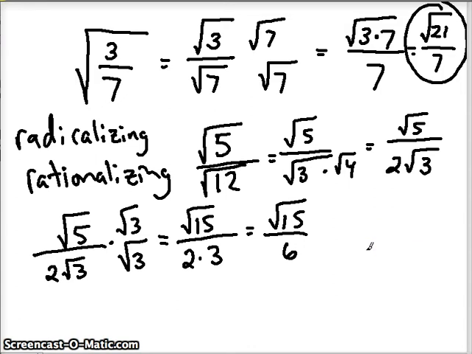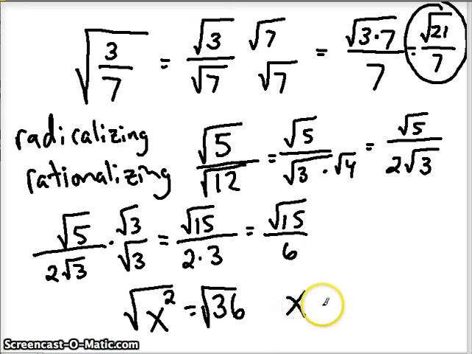It's going to help us in the next video where I talk about solving a variable using square roots. We're going to get back into quadratics, and we're allowed to solve quadratics. Here's just an intro into it. If we had x squared equals 36, we want to solve for x. Well, if we take the square root of both sides, we get rid of that square, we're left with x.